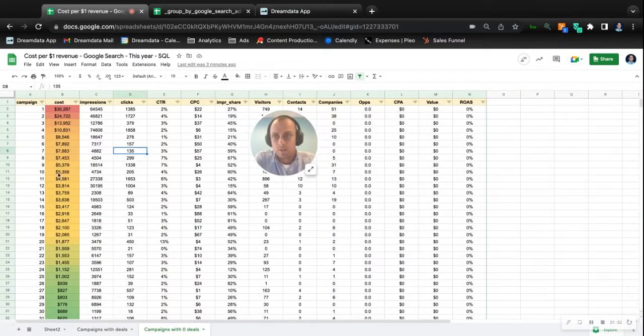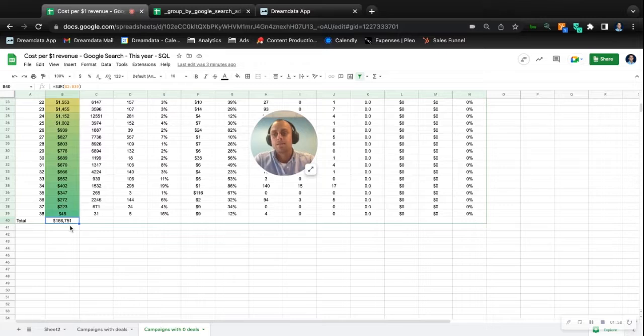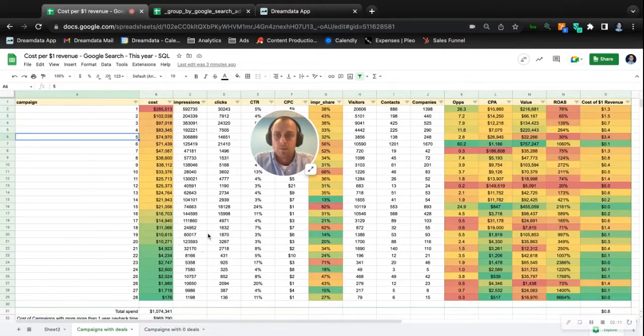Here I've anonymized the campaigns, but these are all the campaigns they have running that have not produced a single deal this year so far. That's $166,000 of ad spend where we can prove that no deal came out of this. That's massive.